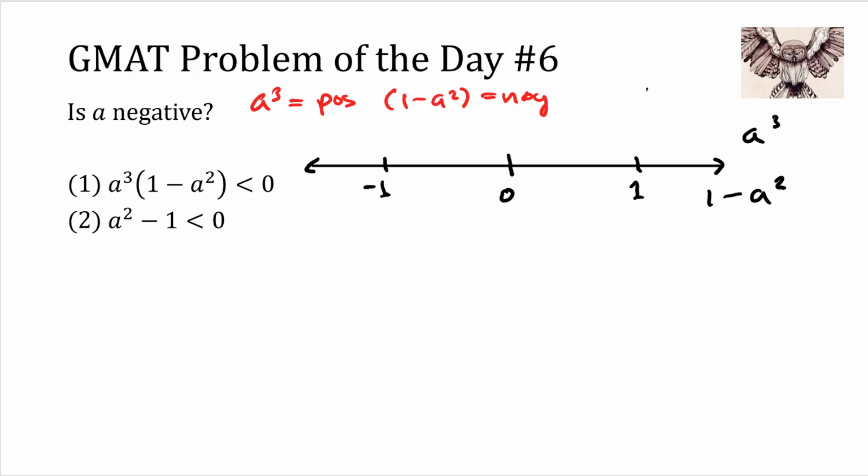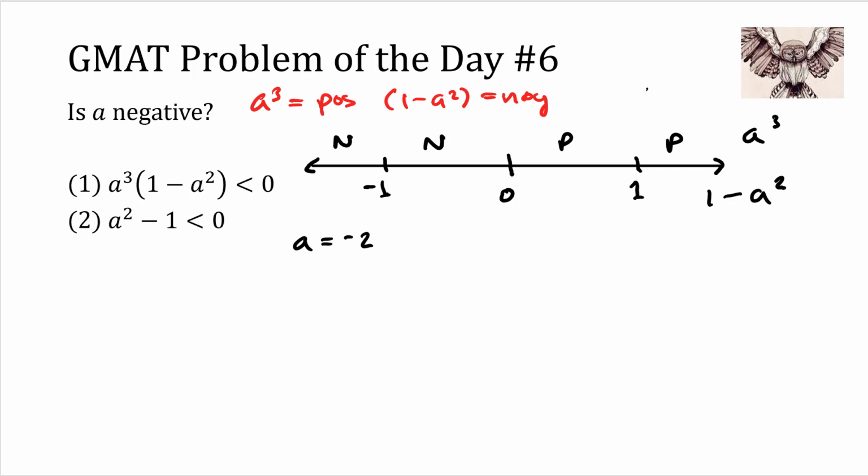A cubed is going to be negative on both parts of the negative side of the number line. You cube a negative number, you get a negative. And of course, positive over here. 1 minus a squared is a little bit more difficult. Let's test some numbers.